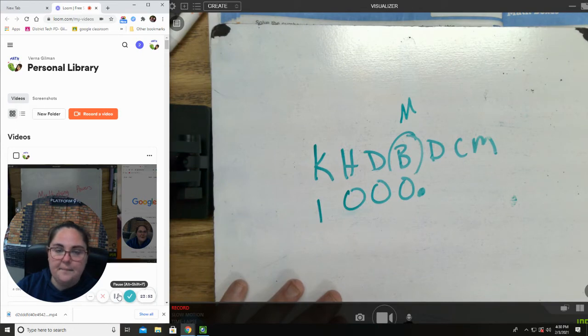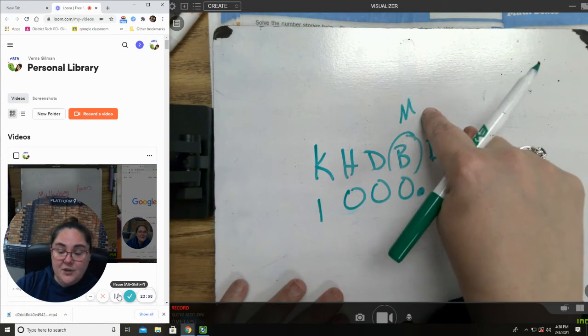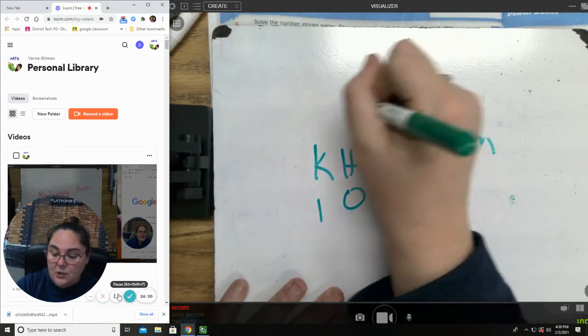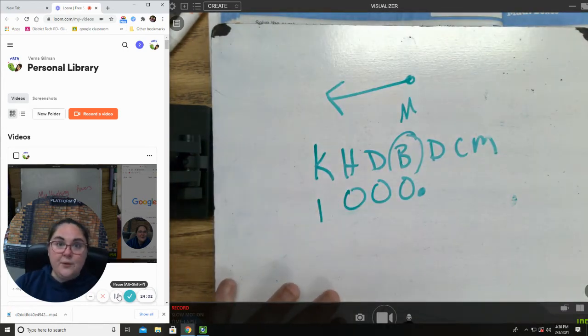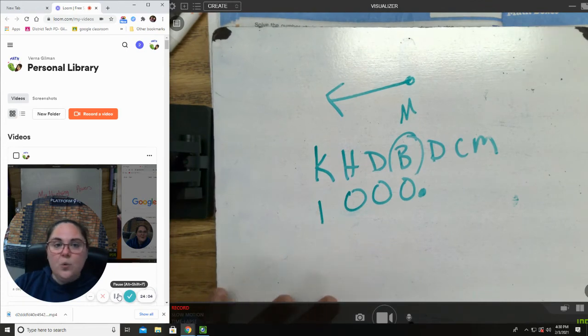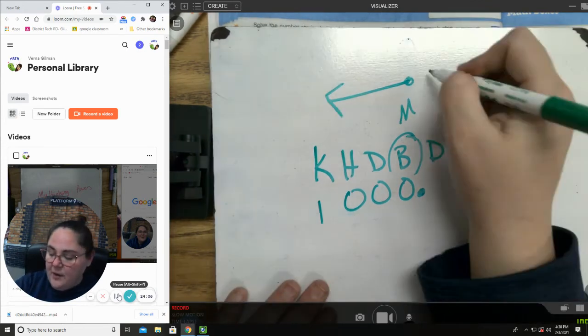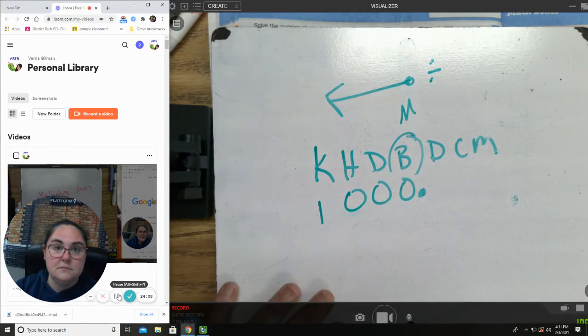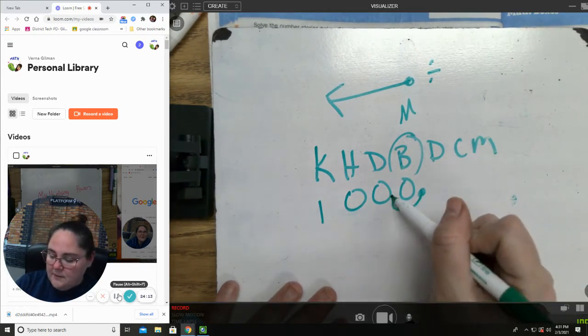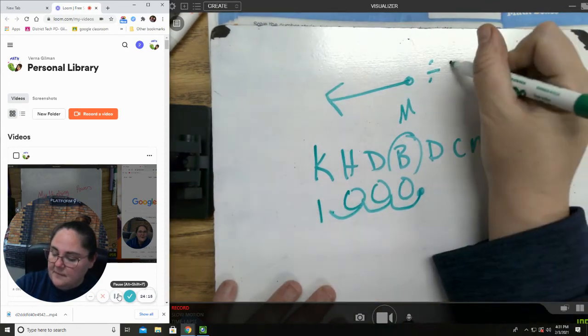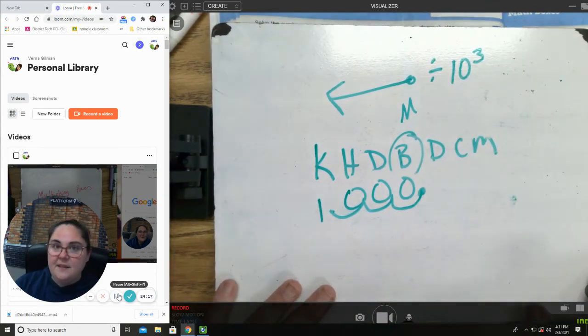Right? Now, I'm transferring from meters to kilometers. I need to rename it that way. So when we move our decimal to the left, we know that we're going to divide. Right? Now, how many spaces will I move it? 1, 2, 3. So we're going to divide by 10 to the third.